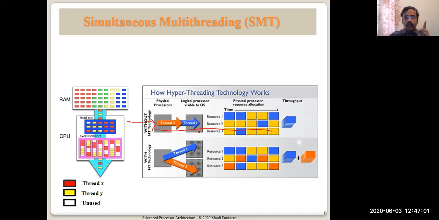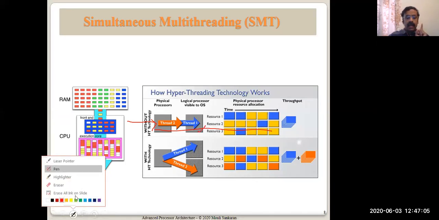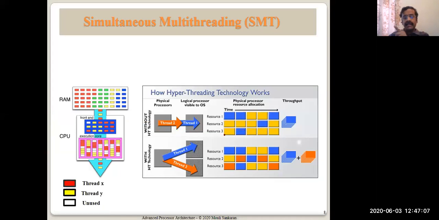Here I have only one context. That means I cannot have both of them simultaneously together. Understand? This is a single context. This is a register set. I call that a logical processor. Physical processor is one single core, and if I have two different register sets, I call them two logical processors.